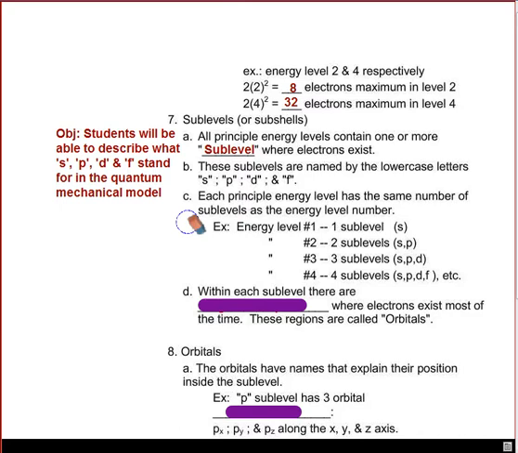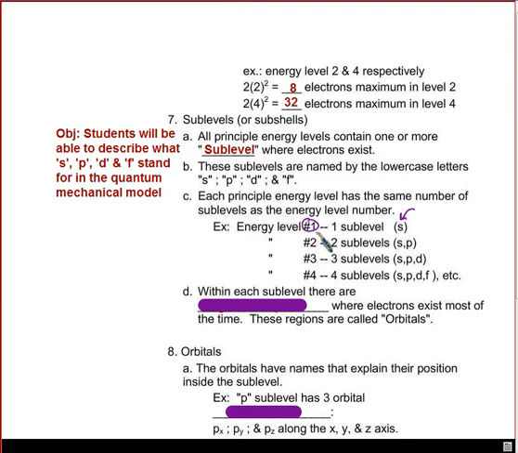Each principal energy level has the same number of sublevels as the level number. So the first energy level is going to have one sublevel. The first time we see the S sublevel is in the first energy level.